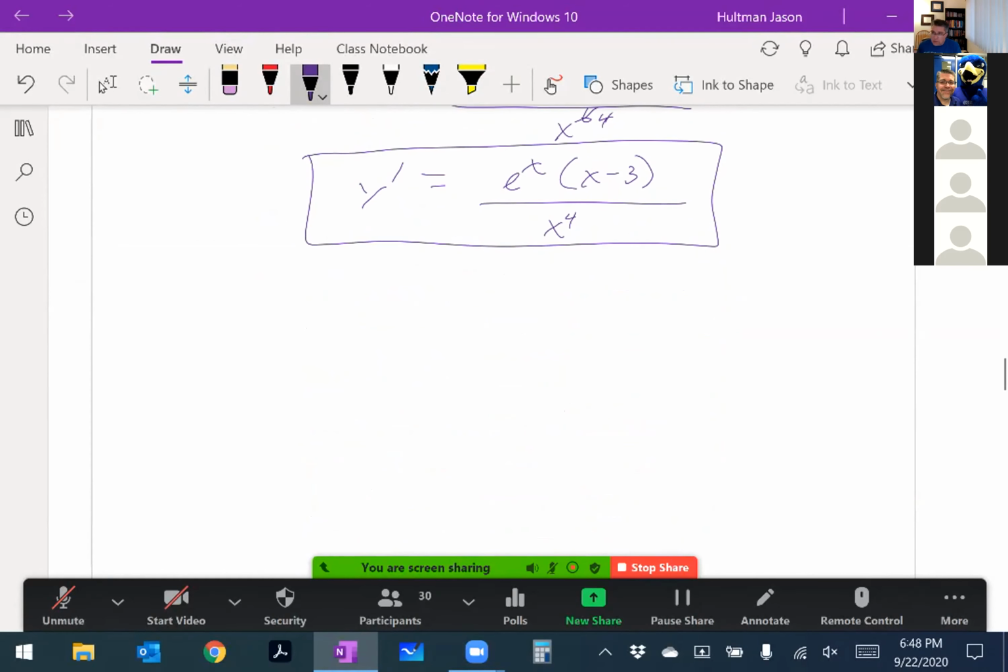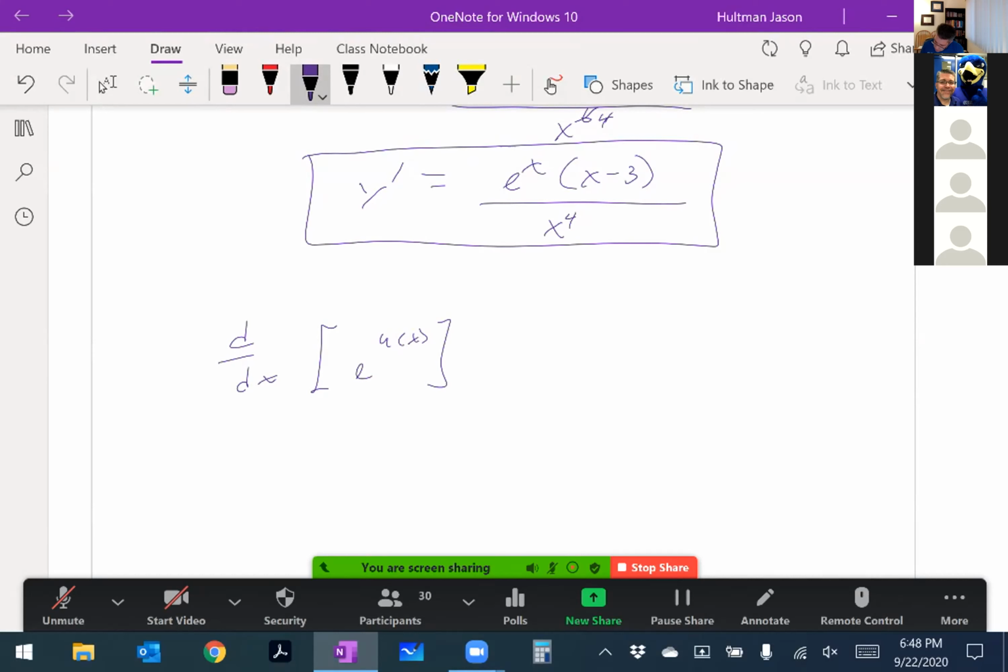Okay, let's use the chain rule now. We've done the power rule, the product rule, and the quotient rule. Let's do the chain rule now. What does the chain rule look like with e to the x?